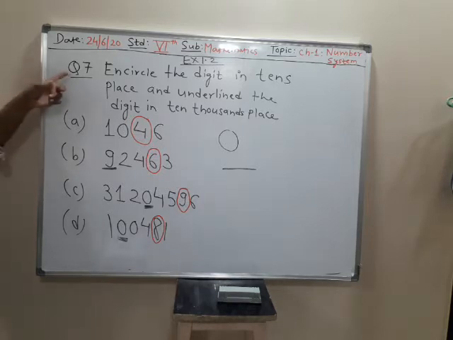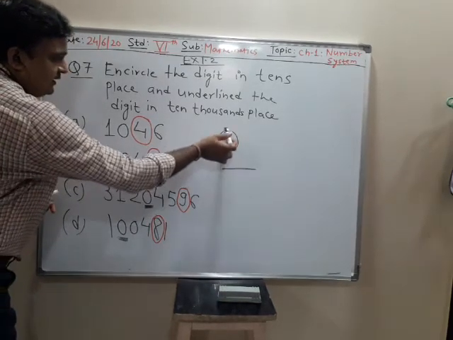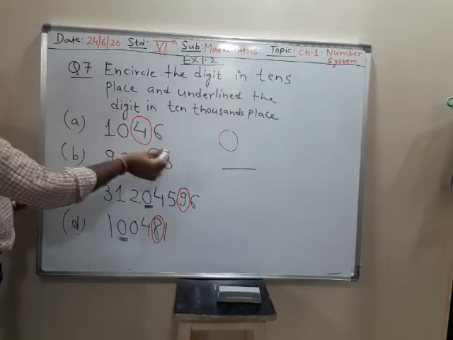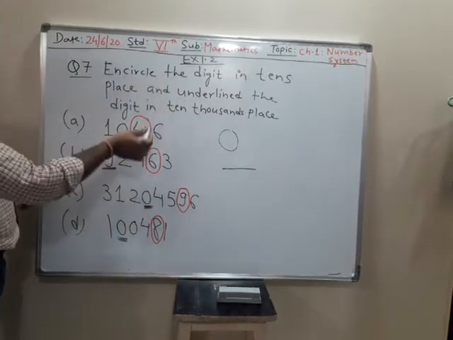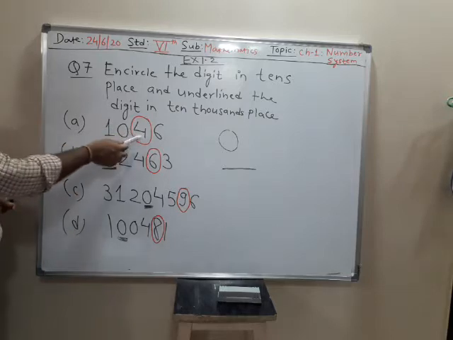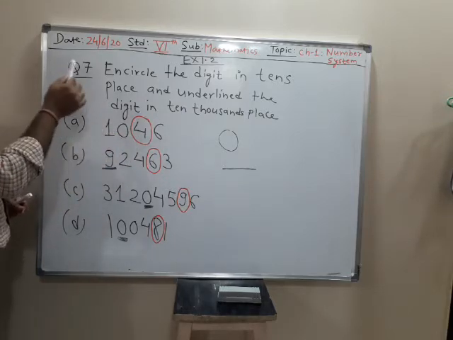So this is our 7th question. In the 7th question it is asked: encircle, which means make a circle, the digit which is at tens place, and underline the digit which is at 10,000 place. So in 1046, 4 is at tens place and there is no 10,000, so I will leave it.